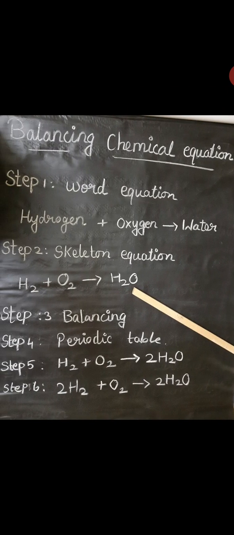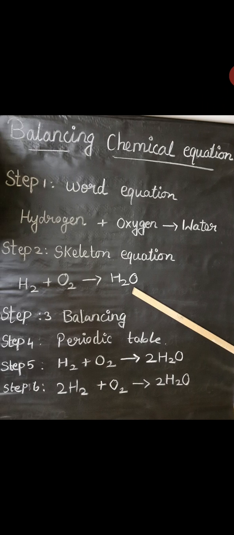Next we are going to see balancing the chemical equation. According to the law of conservation of mass, the total mass of all the atoms in the reactants should be equal to that of all the atoms in the products. This law holds good only when the number of atoms of all types of elements on both sides is equal.